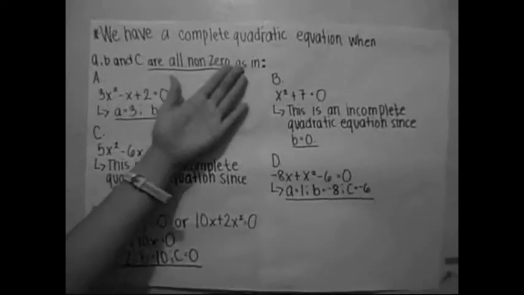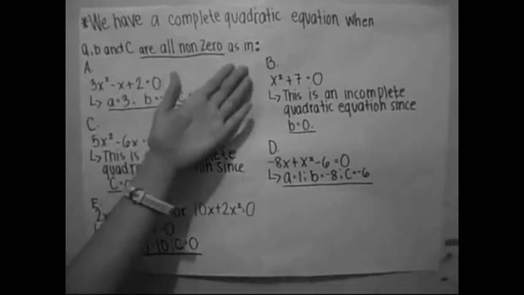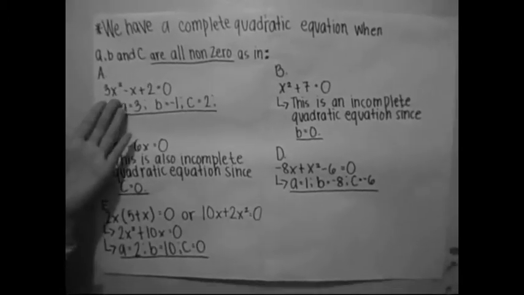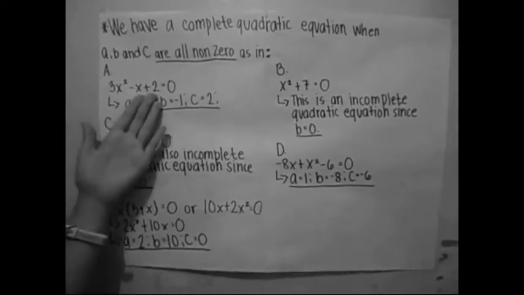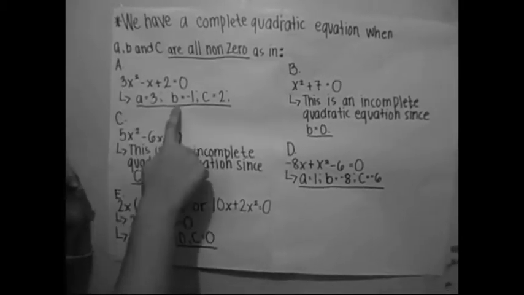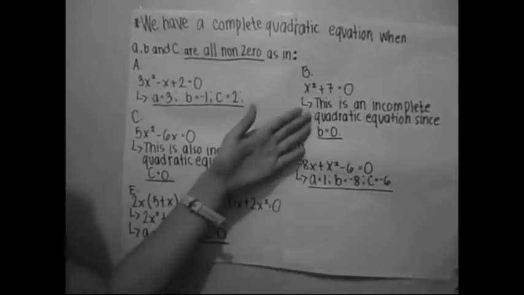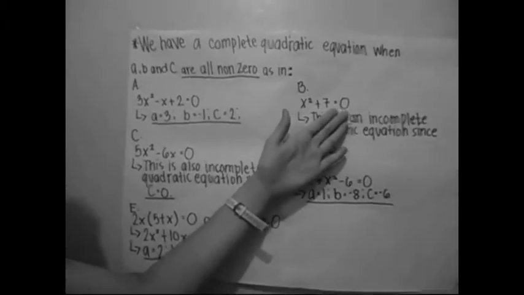We have a complete quadratic equation when a, b, and c are all non-zero, as in, for example, 3x squared minus x plus 2 equals 0. A equals 3, b equals negative 1, and c equals 2. X squared plus 7 equals 0.